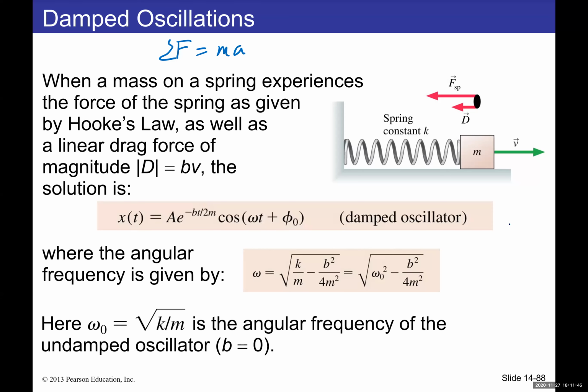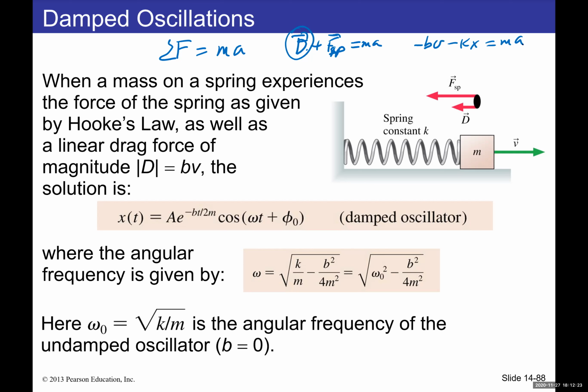So the left side of the equation, the net force, is now in terms of the drag force plus the spring force, which equals mass times acceleration. The drag force is negative b times v. Then the spring force is negative kx. And this equals mass times acceleration.